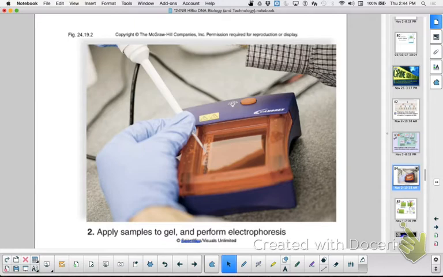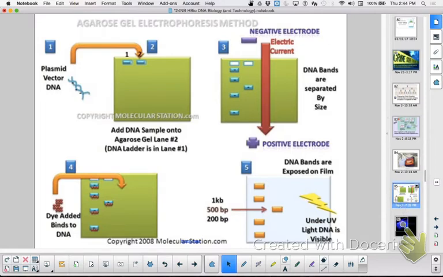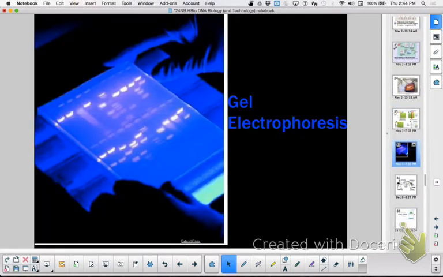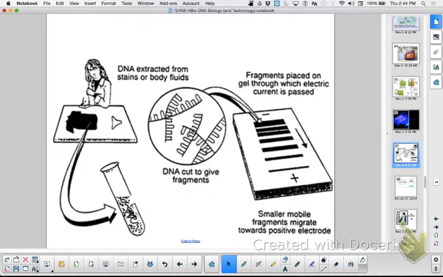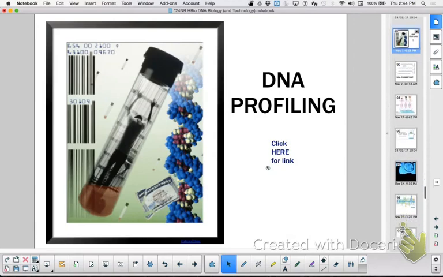Which pieces move faster? Smaller. Perfect. Then you can find a banding pattern, and the banding pattern for your DNA is unique to you unless you are an identical twin. So they've cut up the DNA, put it in a gel, and then run the gel. That would be DNA profiling.